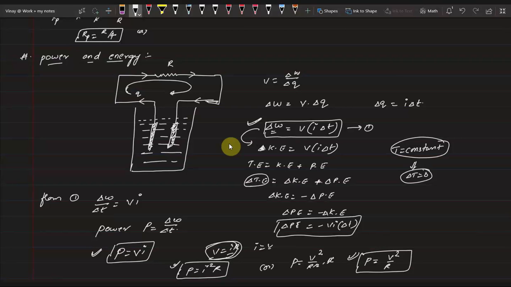If you write the formulas directly, that is not a big issue. Then I'll go for the next concept.